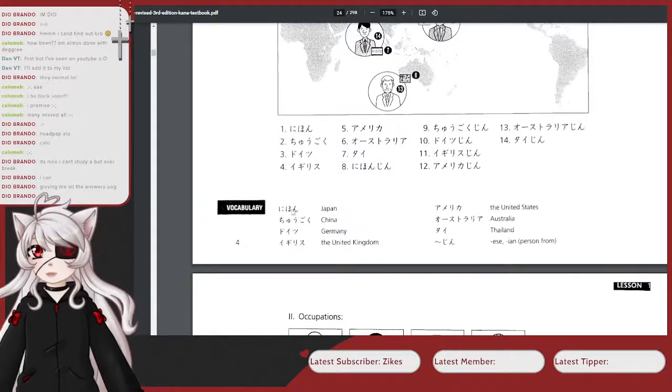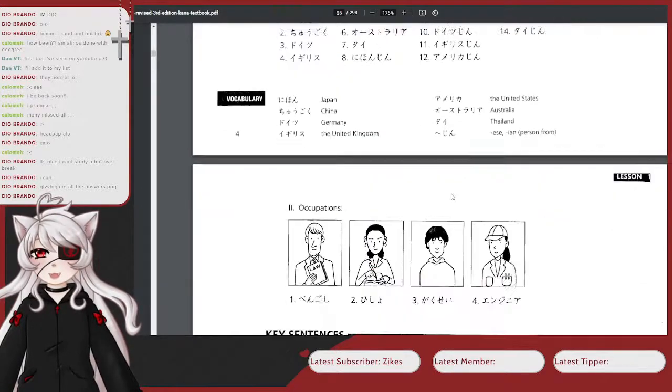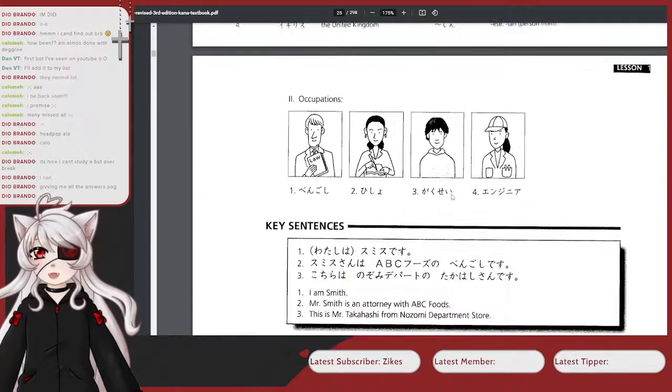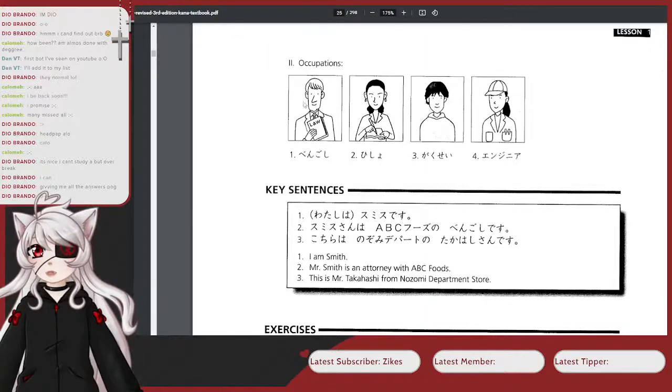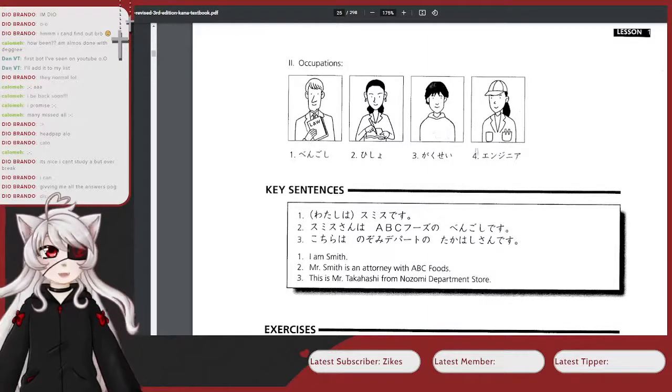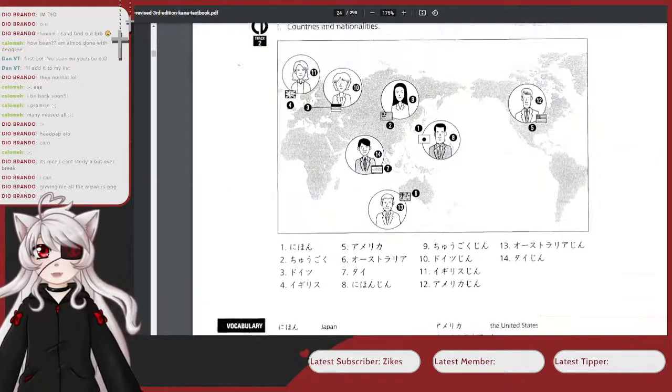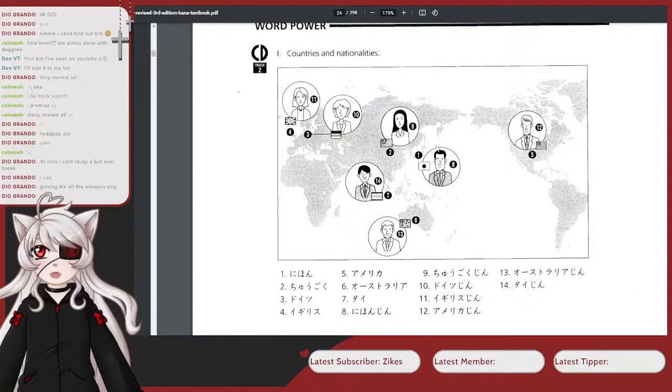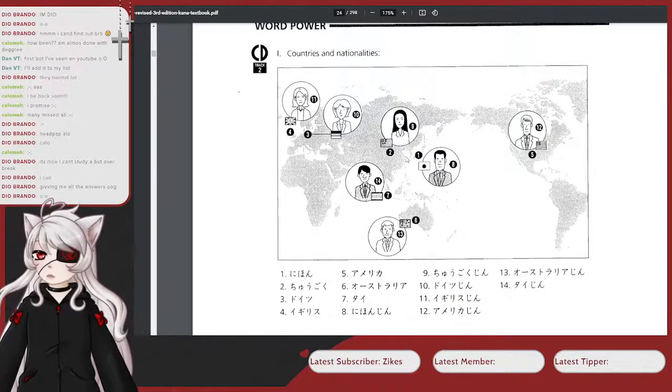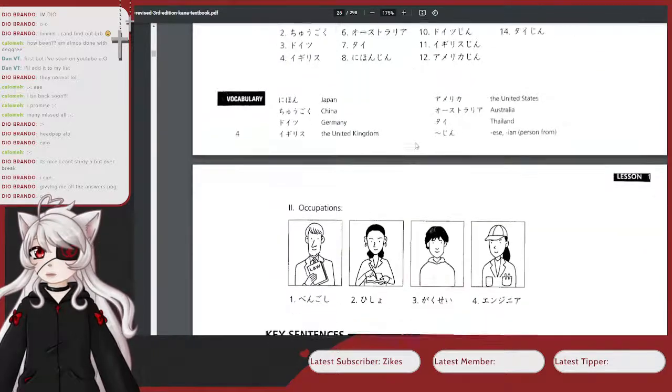Vocabulary, I already went through them. But yeah, jin adds person from. The United States. And then we got the occupations. So this is what we're gonna need to do the exercises on the next page, which is why I'm reading them out.